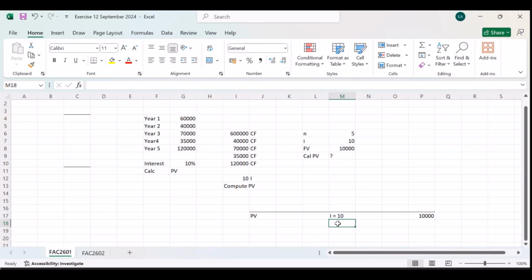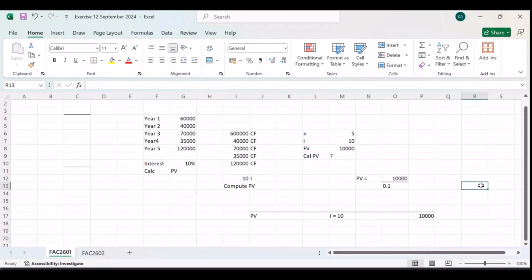So basically, if you want it mathematically, it will be 10,000 divided by 10%, which is 0.1, raised to the power 5, which will give you the present value. Mathematically, if you are not using a calculator, that is how you do it.